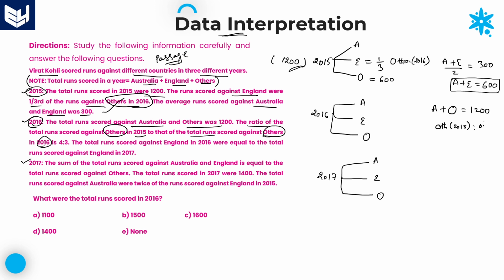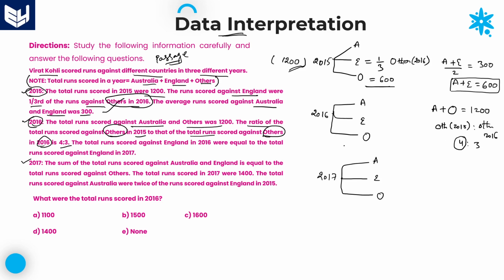Here, others in 2015 and others in 2016, this ratio is given, that is 4 is to 3. Now, as we know, in 2015 the total runs scored against others is 600, and others has 4 parts from 2015.